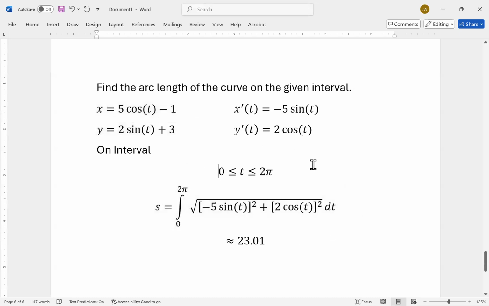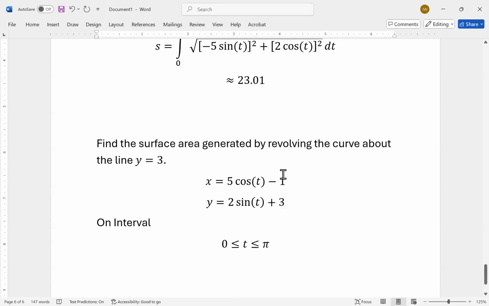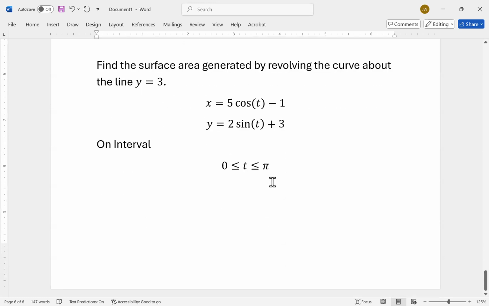Now, if you recall, we've already found the arc length of this ellipse, and now we're asked to find surface area. Take the curve and revolve it around the line y equals 3. What's going to happen is not that much different than what we've done before.